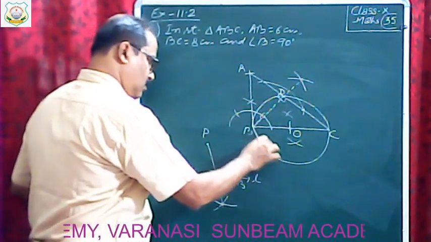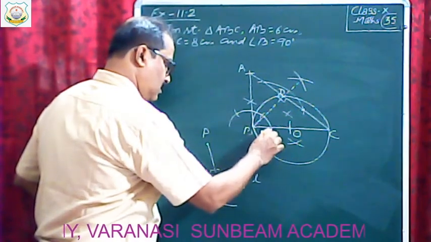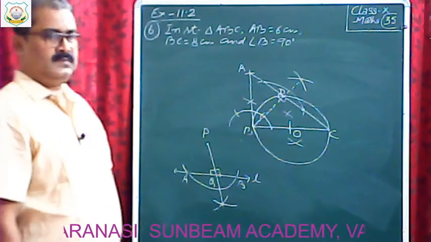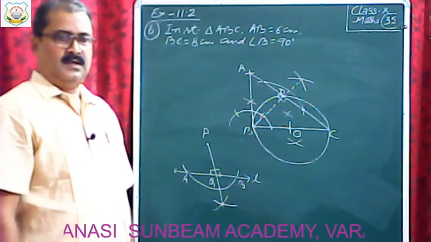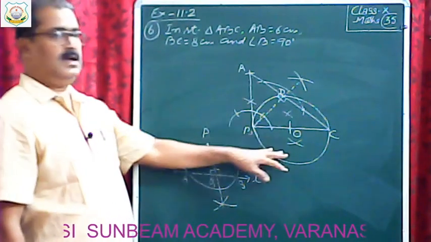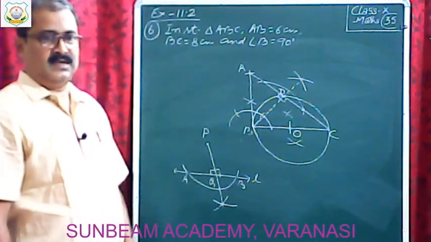The circle passes through all 3 points B, D and C. Clear? And thereafter you have to draw tangents from A to the circle with center O.